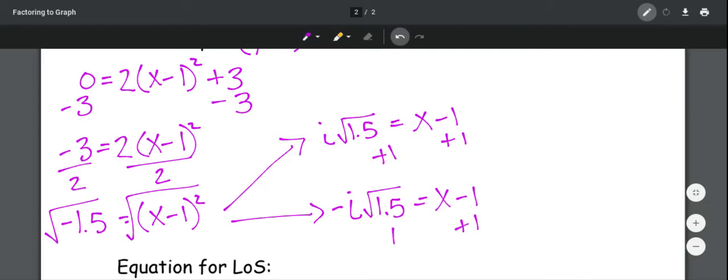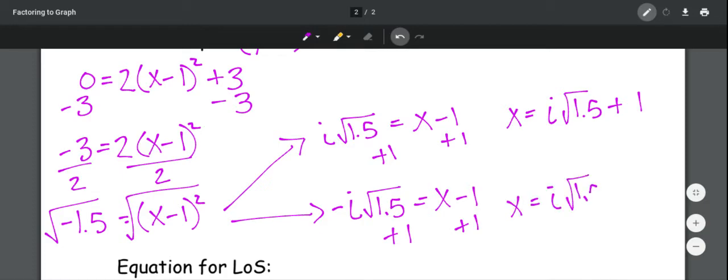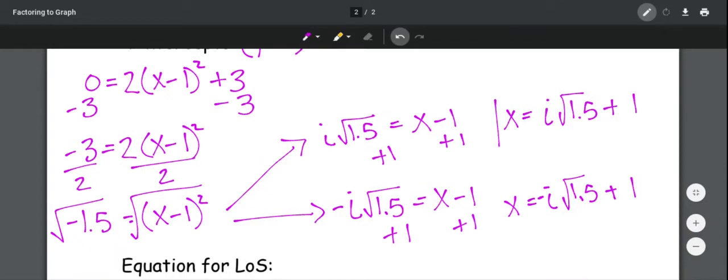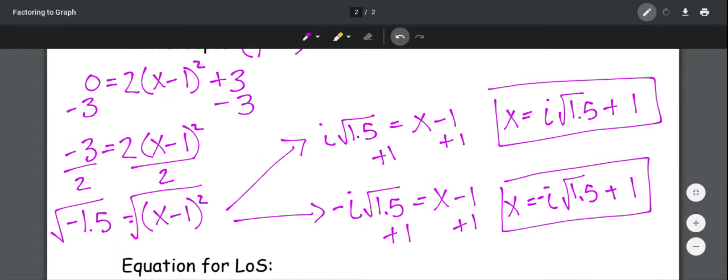So my two x-intercepts are i square root of 1.5 plus 1 and negative i square root of 1.5 plus 1. Now, that's a little confusing, but imaginary numbers do not show up on the graph.